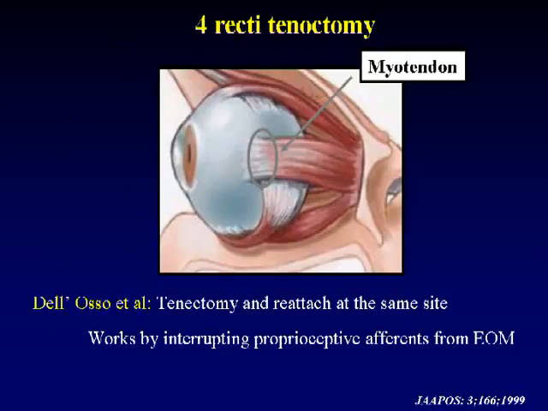The four recti tenotomy has now been fairly repeatedly published by Hertel-Deloso, and it works by disinserting the muscle and reinserting it in its own place, interrupting the proprioceptive afferents from the extraocular muscle. At our center we had done a study where the outcomes were similar as far as four recti recessions and the Hertel-Deloso procedure were concerned. So you could possibly do either.